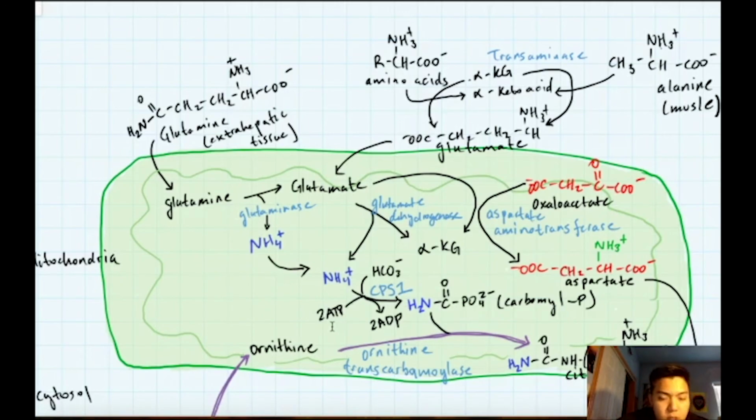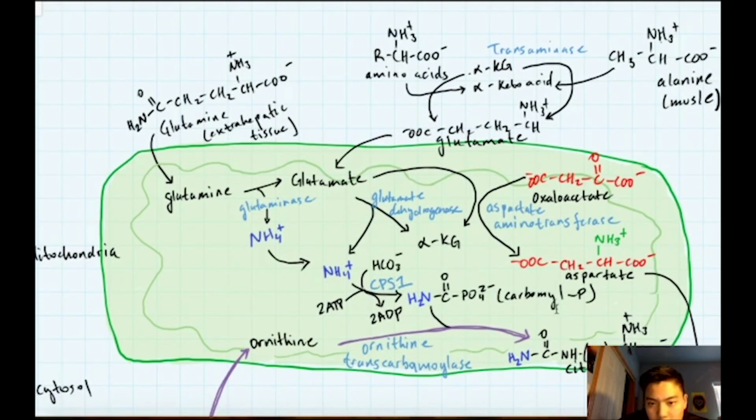And you're essentially going to use 2 ATP, an ammonium ion that either came from your glutamate or came from your glutamine, and bicarbonate. And you're going to use this enzyme and you're going to make carbamoyl phosphate, okay? So now we have all the ingredients, at least in terms of nitrogen, to go through the urea cycle.